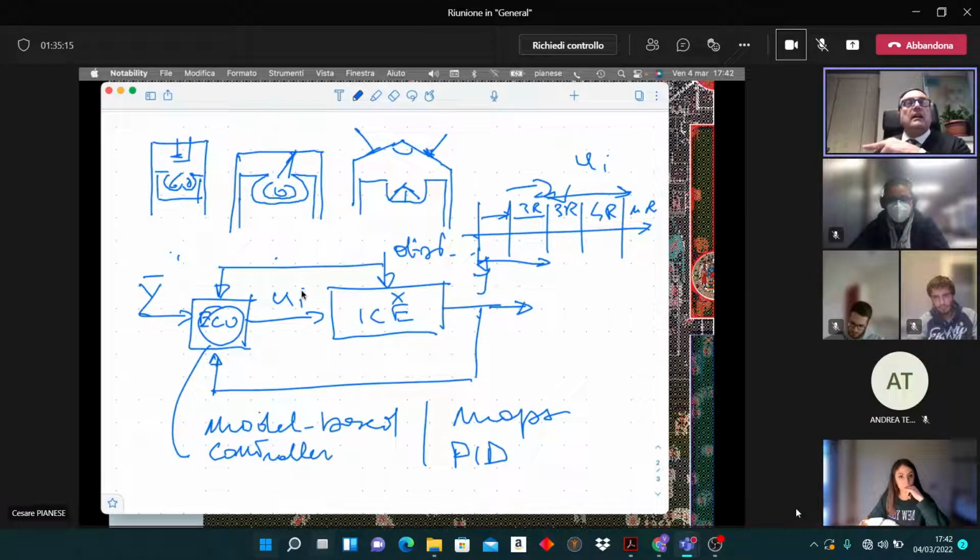You should control, for example, the pressure for the injection, the spark advance, the crank angle in advance.